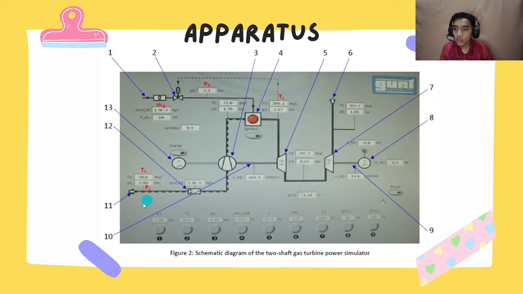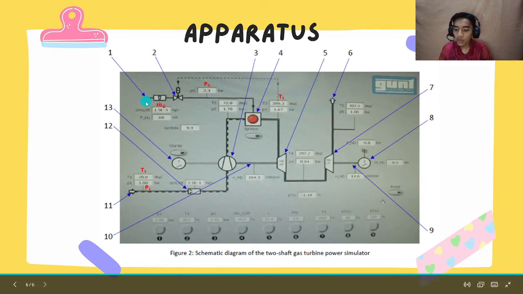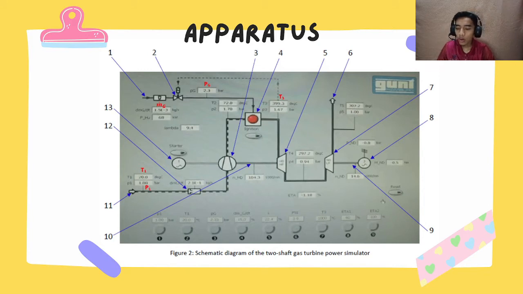So for the procedure, I will explain using the schematic diagram. The flow is, first we will turn on the starter, which is number 13. After we turn on the starter, we will see the T1 and the P1.